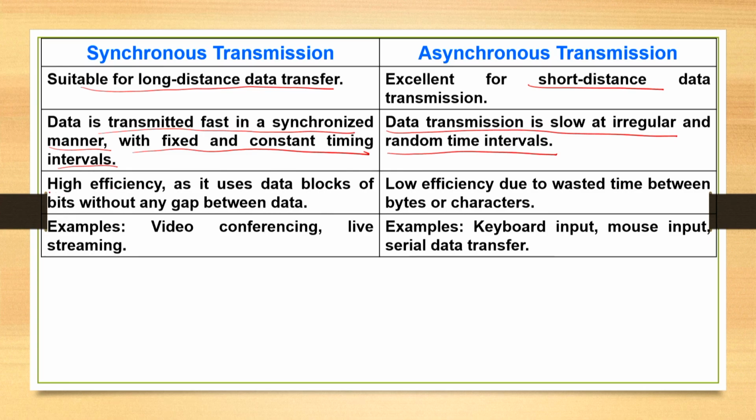Synchronous transmission has high efficiency as it uses data blocks or bits without any gap between them. Therefore, it is used in video conferencing or live streaming. Whereas asynchronous transmission has low efficiency due to wasted time between bytes or characters. The best examples are keyboard input, mouse input, and serial data transfer.